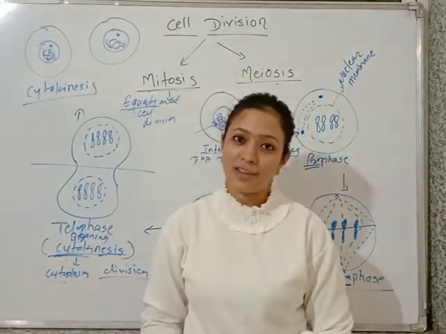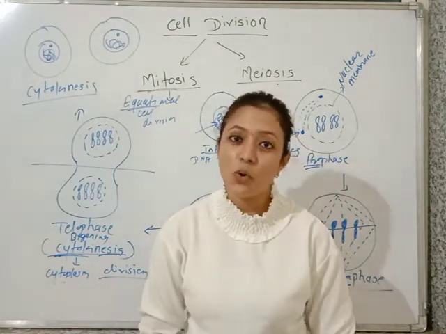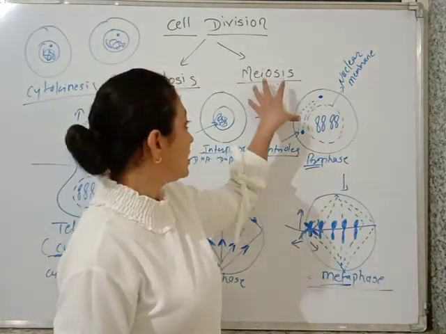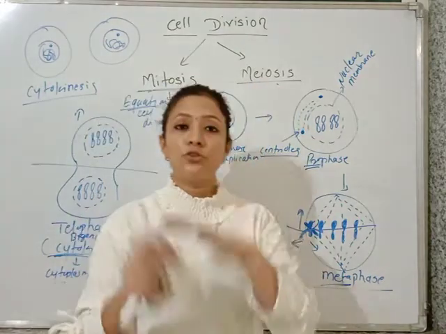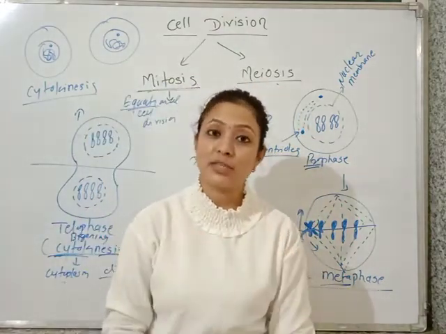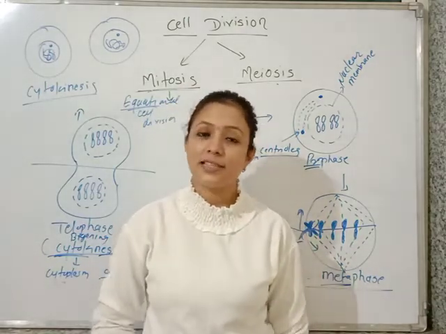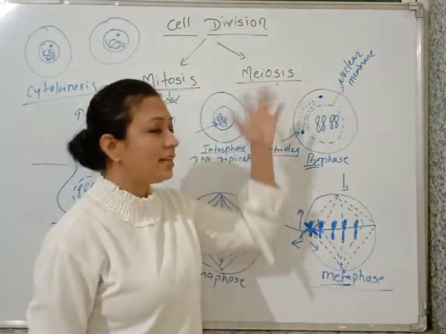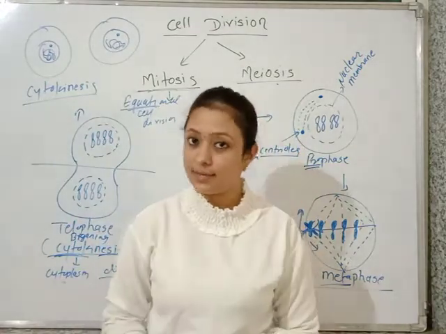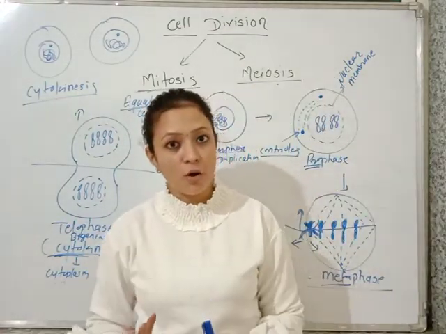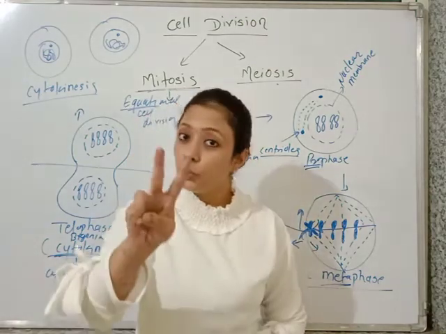In the next video we will discuss the meiosis process, where division takes place in the cell twice, and then one cell leads to the formation of four daughter cells. In mitosis, one cell divides to form how many daughter cells? Two daughter cells.